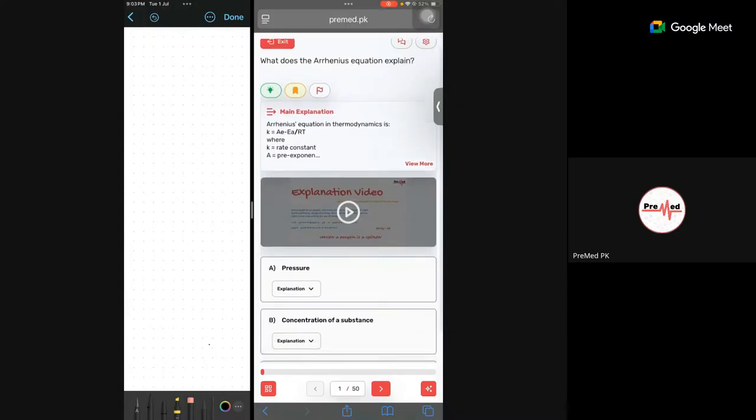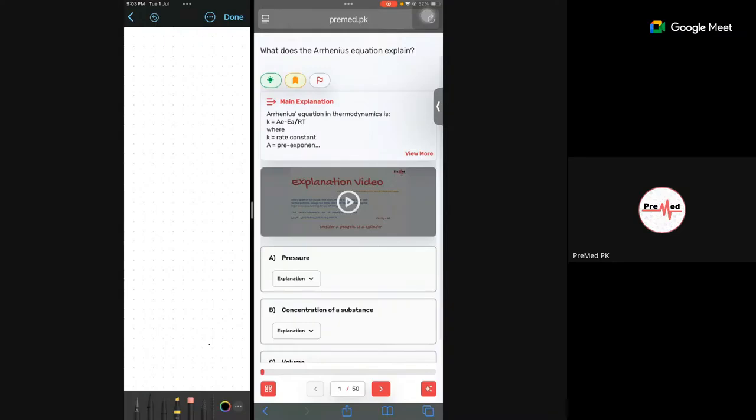We have question number 1, which was: what does the Arrhenius equation explain? On the screen, you can easily see that the Arrhenius equation is k = A e^(-Ea/RT).